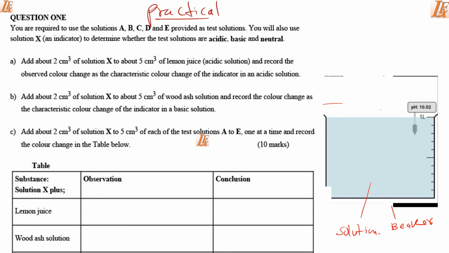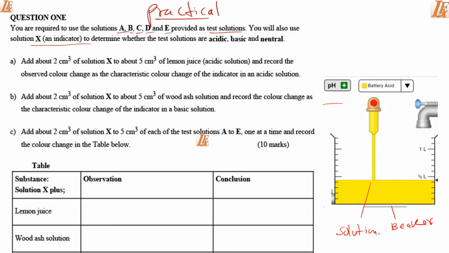In this case, you will be given solutions A, B, C, D, and E, whose names you don't know, so they are called test solutions. You are also given solution X, which is an indicator, and you are not told which type of indicator it is, to determine whether these test solutions are acidic, basic, or neutral.